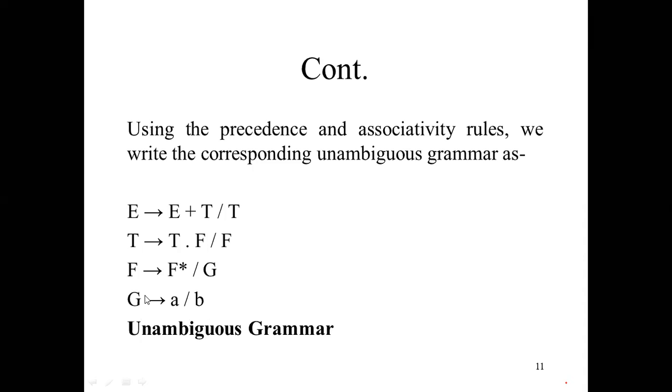If we follow the rules and regulations, this is called the unambiguous grammar. To change the ambiguous grammar into the unambiguous grammar, we have to follow these particular rules, which are already inbuilt in the compiler.